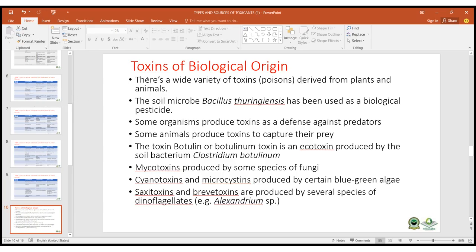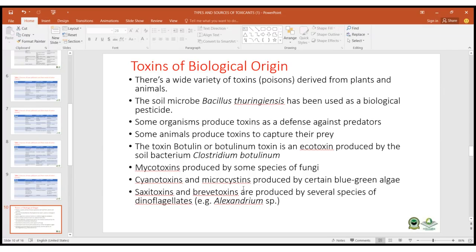It is an exotoxin produced by this bacterium, and because it is a toxin, it has the capability of destroying organisms. It has been used in the preparation of some cosmetics, and it also has some medical uses, and so on and so forth.